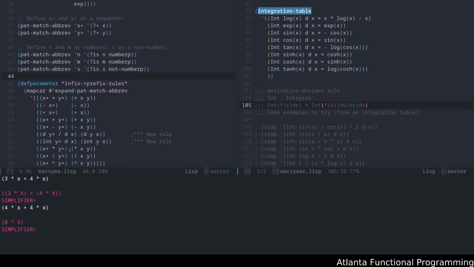So an example of applying the derivation is, let's say, x times sine x squared.